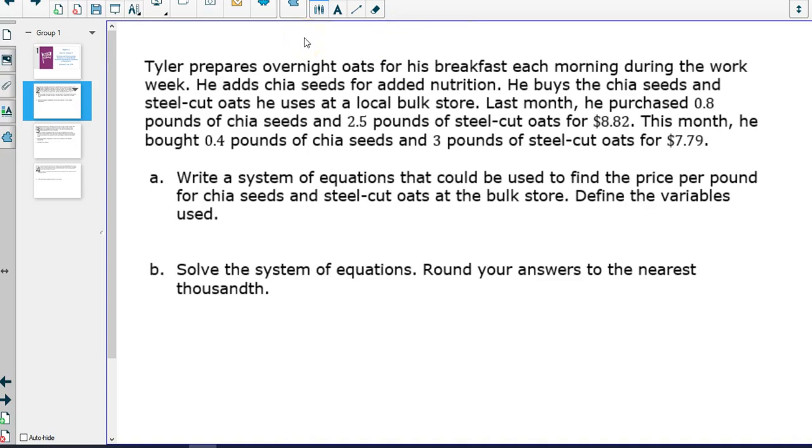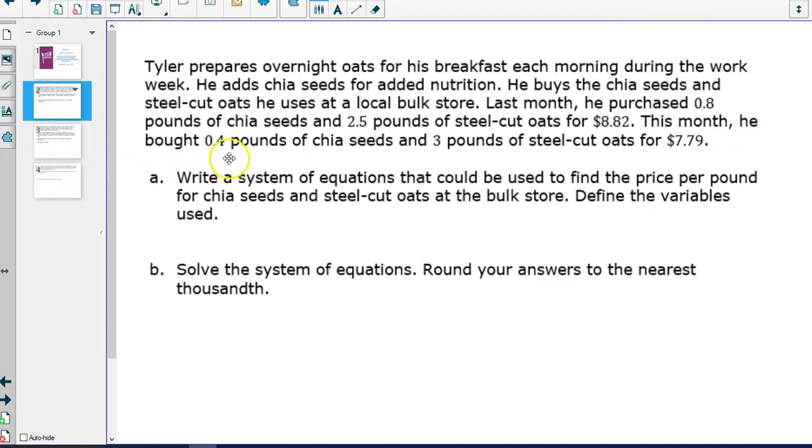Okay, so let's look at our first problem here. Tyler prepares overnight oats for his breakfast each morning during the work week. He adds chia seeds for additional nutrition. He buys the chia seeds and the steel-cut oats he uses at a local bulk store. Last month, he purchased 0.8 pounds of chia seeds and 2.5 pounds of steel-cut oats for $8.82.